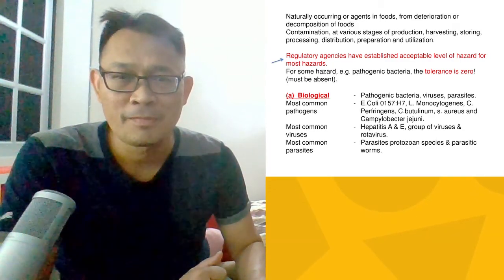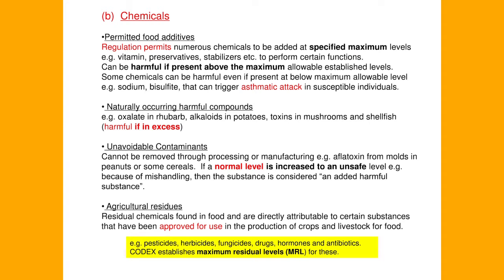Okay guys. Alright, for chemical types of hazards, they will allow permitted food additives. This includes vitamins, preservatives, stabilizers. You learn this again and again in Food Act regulation. You learn again and again in food safety.